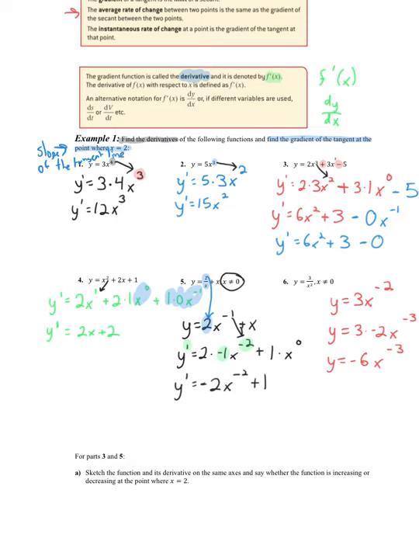Oh man, I thought that was the end. No, unfortunately it's not. Find the slope when x equals 2. So basically it means we're going to plug in 2 to all of these problems. So 12 times 2 to the third. That's 12 times 8. 96. That's the slope. So the slope is 96 for the first problem.